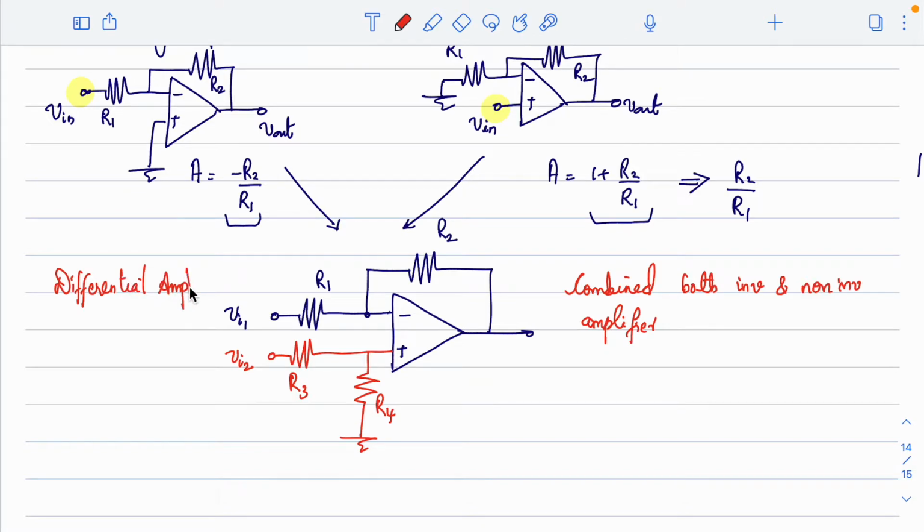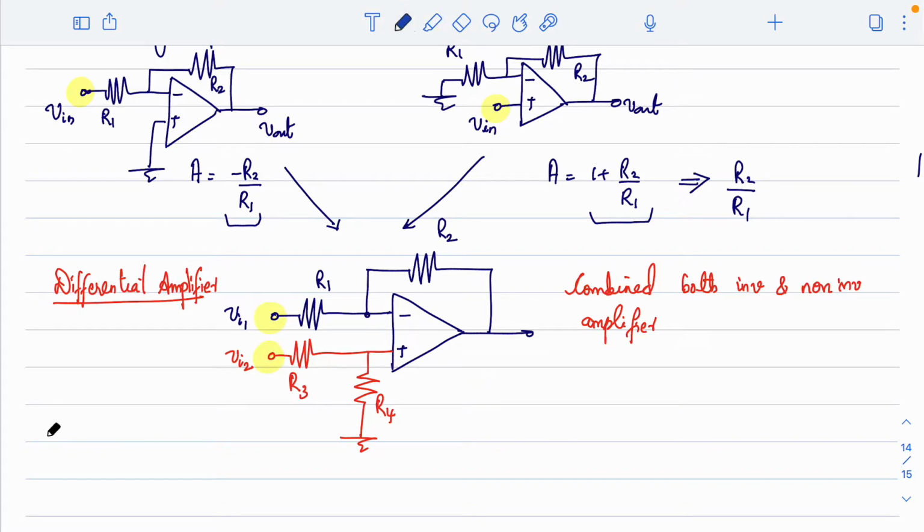Now I stated that the non-inverting and inverting path gains are made equal by adding the resistors R3 and R4. Now let us see how that is made equal. You can see clearly that there are two inputs here, Vi1 and Vi2.